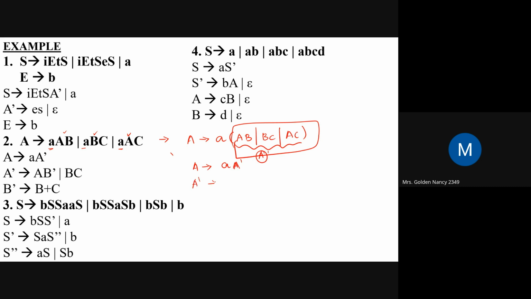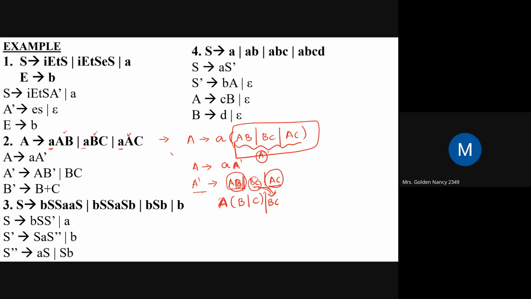Now I want to define my A dash. What is my A dash? AB or BC or AC. Now I have two common A terms, so I can take A outside. I'll have B or C, and this BC will come at the end, right?